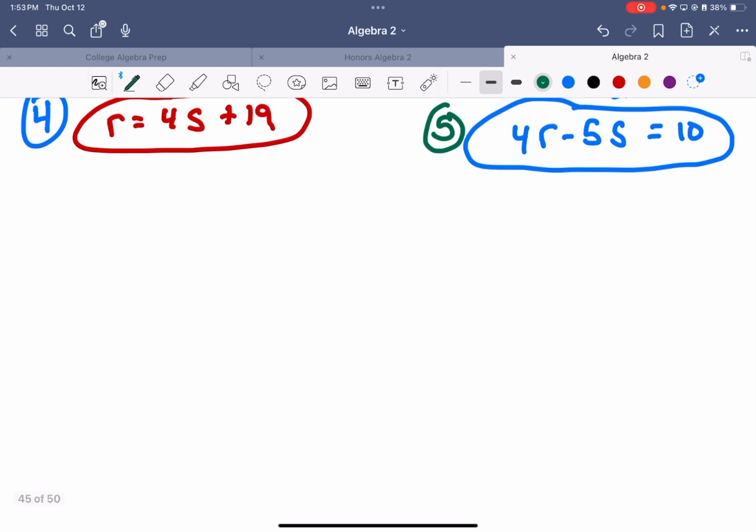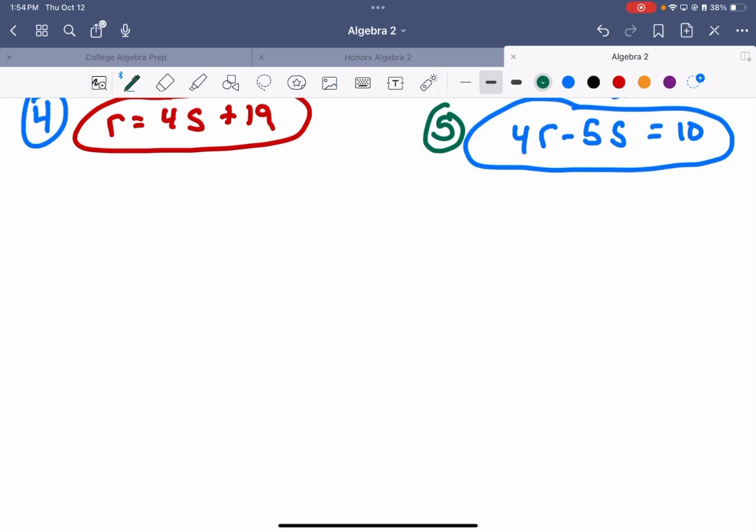I know that r is equal to 4s plus 19, and I have 4r minus 5s equals 10. They have to have the same solution for r and s. We already know what t is. T is 4. But they have to have the same answer for r and s. So what could I do? Subtract 4s.